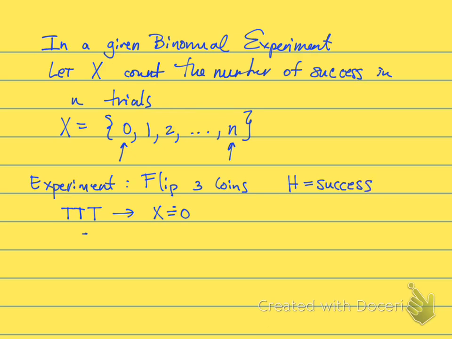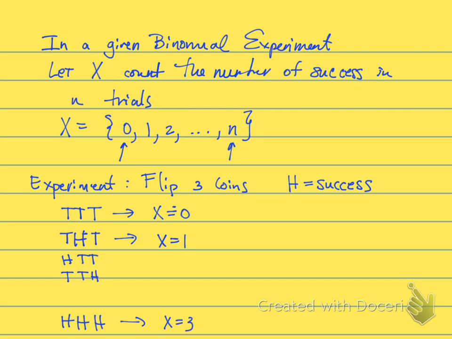If I had something like tails, heads, tails, that corresponds to x equals 1. But by the way, so does heads, tails, tails, and tails, tails, heads, and so on. If there's exactly 1 heads in that group of 3, then that corresponds to x equals 1. Heads, heads, heads would correspond to x equals 3.